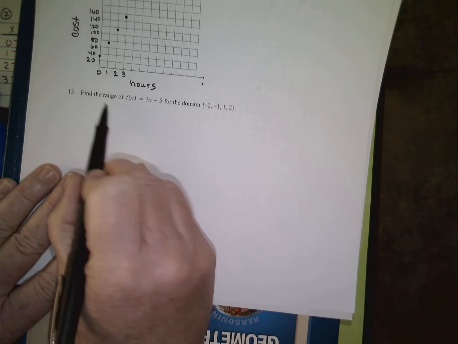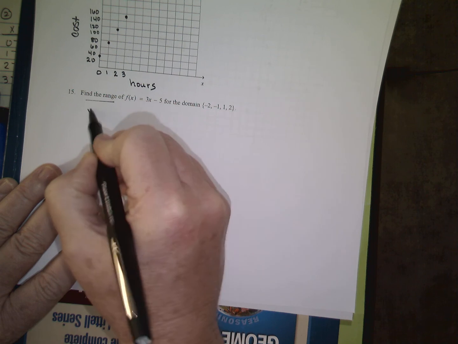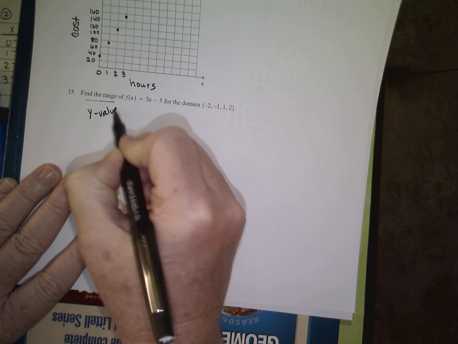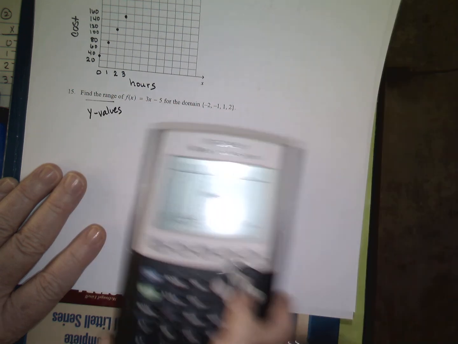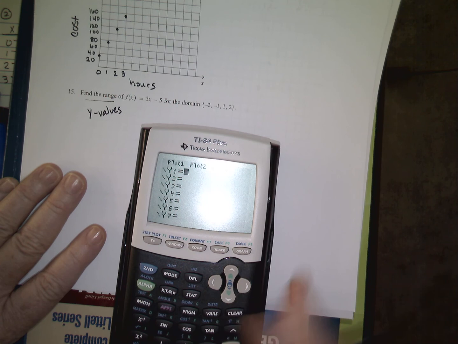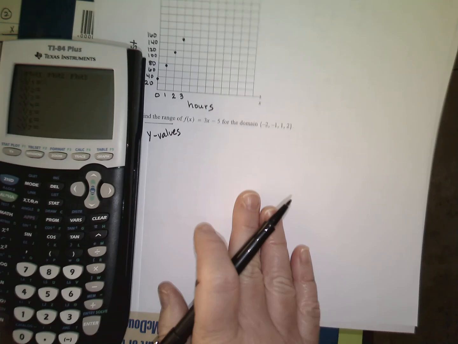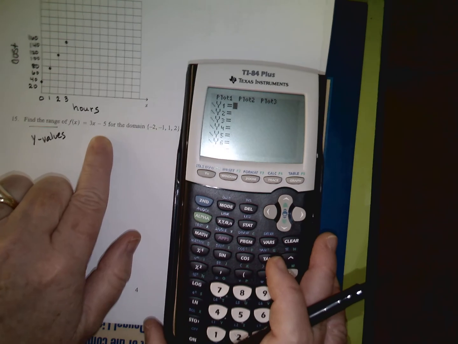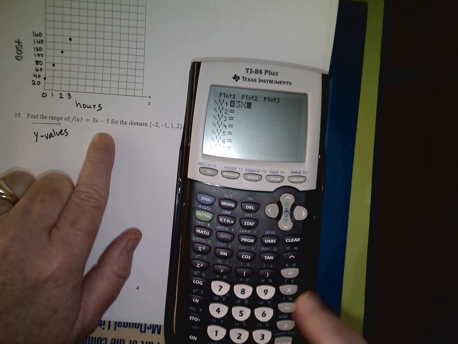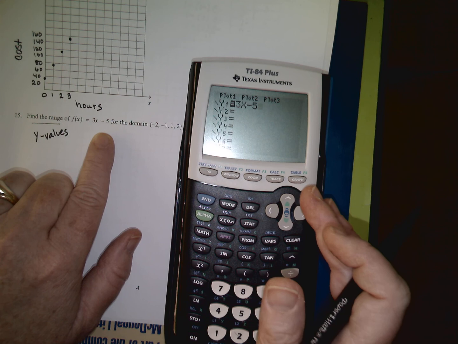Number 15 says find the range. Guys, that's the y values. Let's do that on our calculator. Go back to y equals and clear that equation out. Type in the equation that you see here: 3x minus 5. With me?